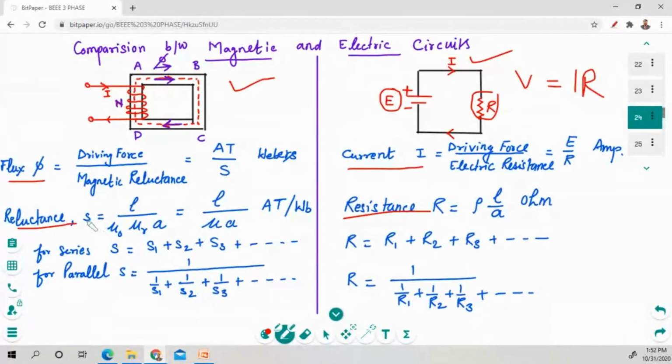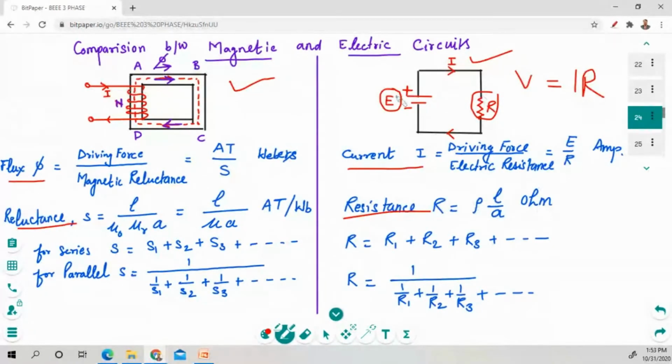This reluctance is denoted by S. How to calculate this S? S is equal to L divided by mu naught multiplied by mu R into A. Whereas mu naught and mu R are your permeability. Okay. And L is the length of this conductor and A is the area of that conductor.